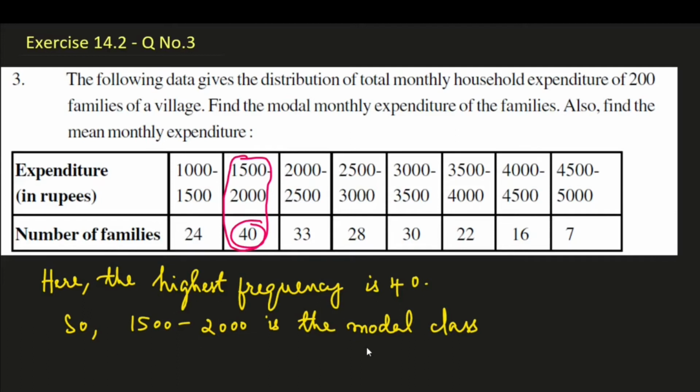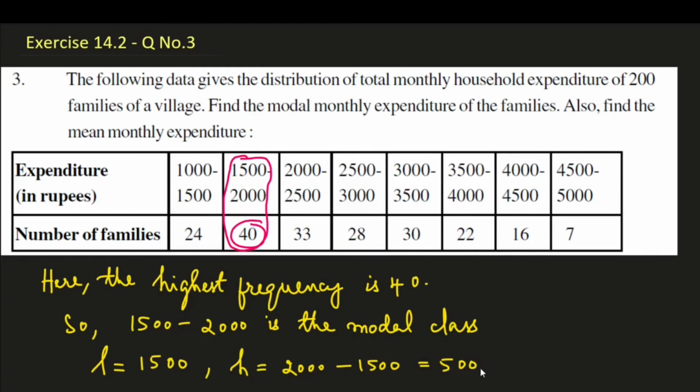Now from the modal class we can find the value of lower boundary of the modal class and the size of the modal class. L, lower boundary of the modal class, is 1500. Class size H is equal to 2000 minus 1500. It is 500. In order to use the formula as it is, the class size of the class interval preceding the modal class and the class interval succeeding the modal class should also be equal to the class size of the modal class.